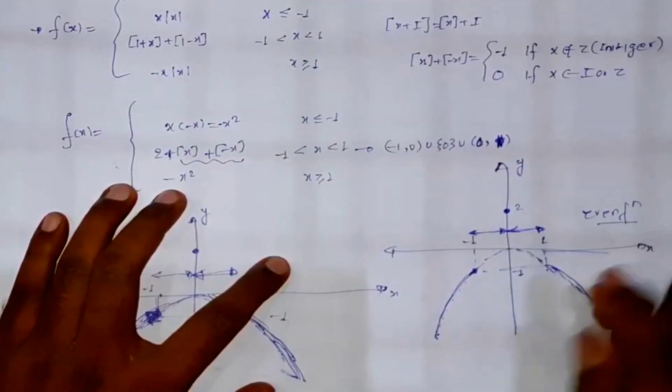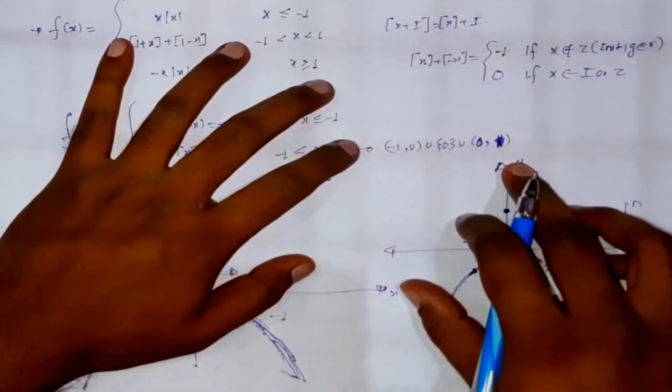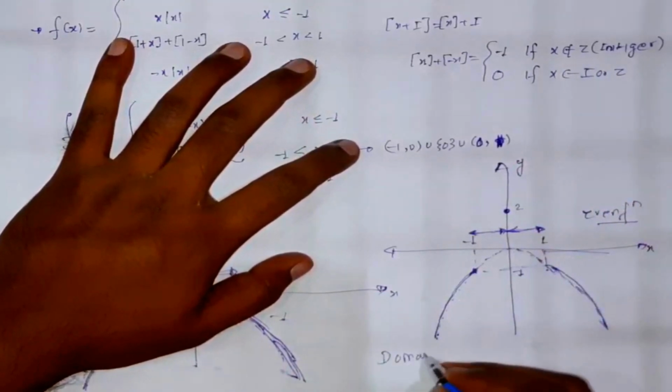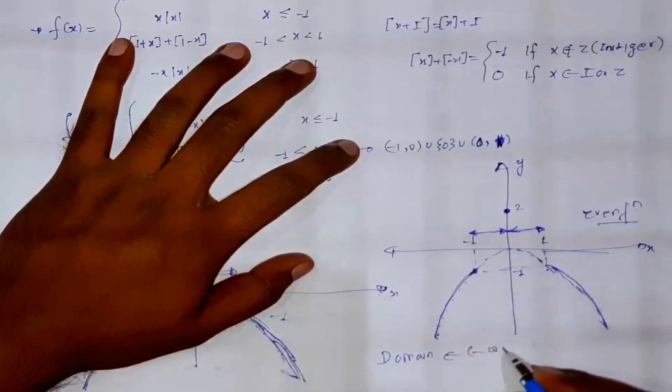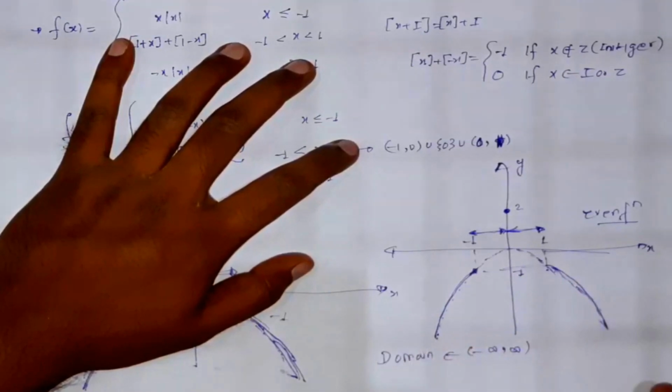Now, if anybody asks you to find the domain and range of this function, what will be the domain of this function? Domain will belong to minus infinity to plus infinity, because here each and every value of x is used.